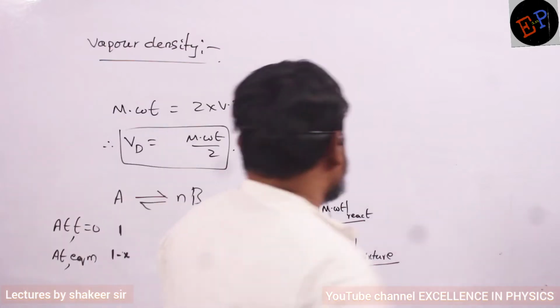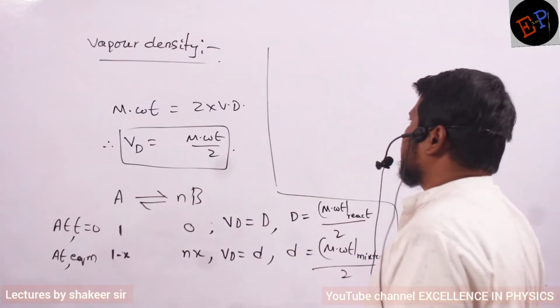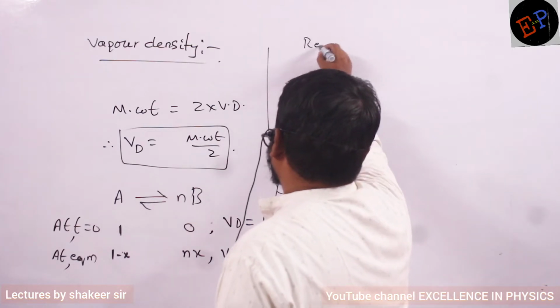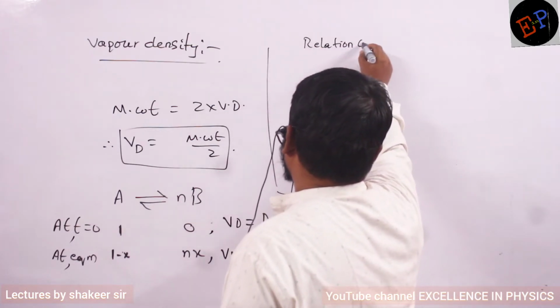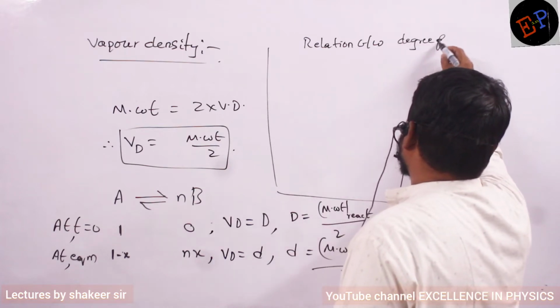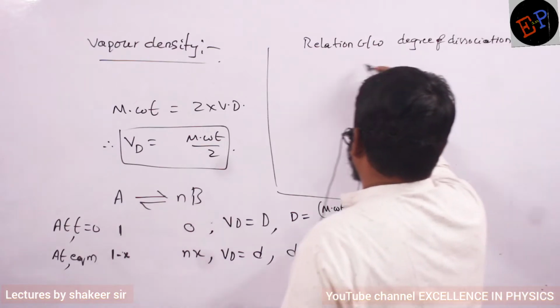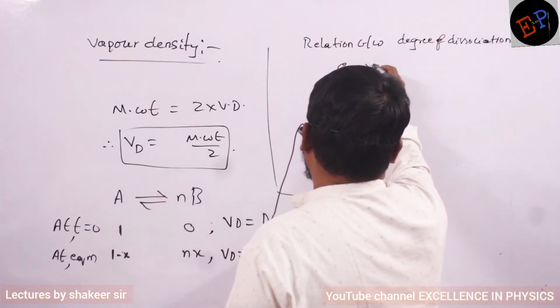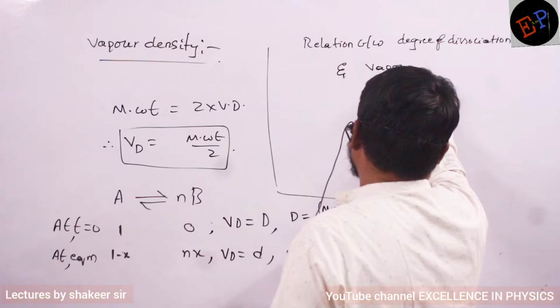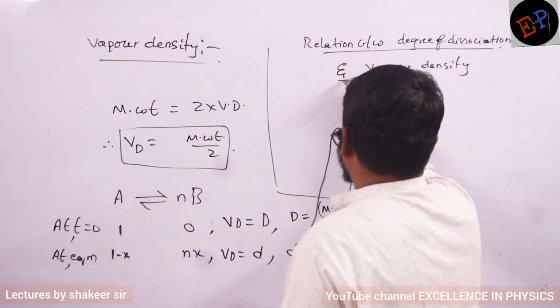After this, there is one more very important relation which we need to remember: the relation between degree of dissociation and vapor density. What is meant by degree of dissociation?